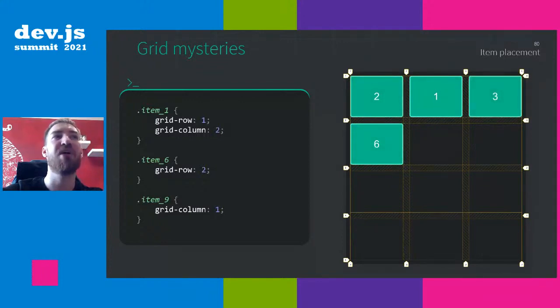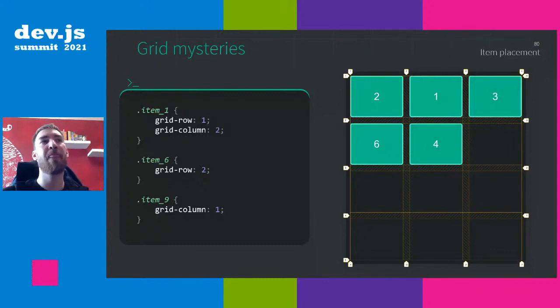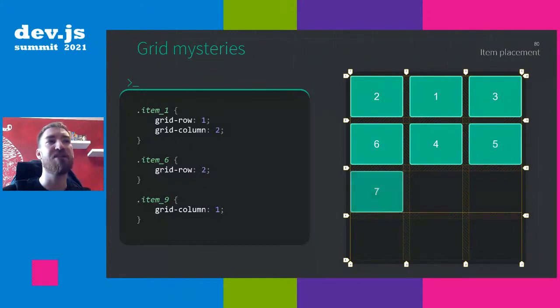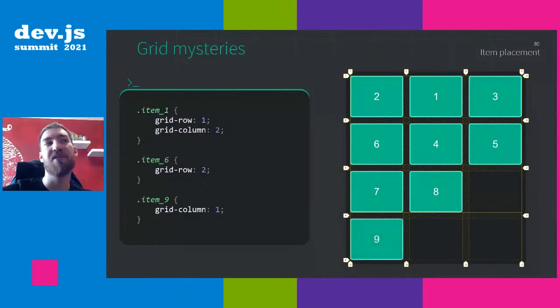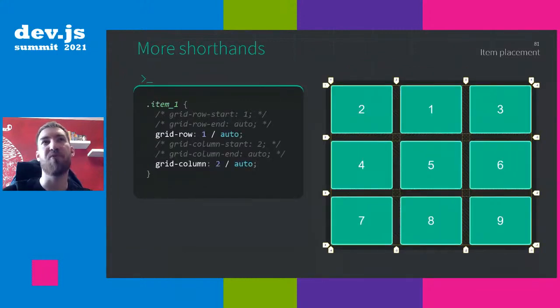And then the grid will try to place all the items one by one, going row by row, column by column. And then it gets to item number 9, and it wants to be in column number 1. But this constraint can no longer be satisfied in the same row, so a new row will be created for item number 9. So this is one of the gotchas that we need to remember when working with the grid: the fixed items are always placed first, and the items with rows specified will be placed after that.